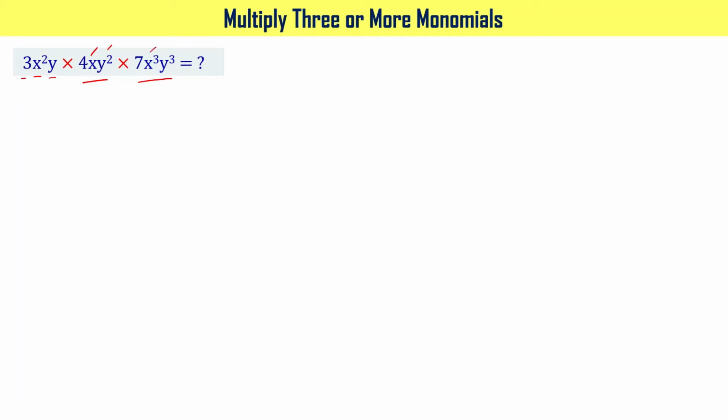X terms, y terms in all the terms, right? Now let's segregate them. It means all the constants in one place, all the variable x terms in one place, all the variable y terms in one place. Like that, if you arrange, then multiplication is much easier, and finally you get the product in a simple manner. Let's do that now.